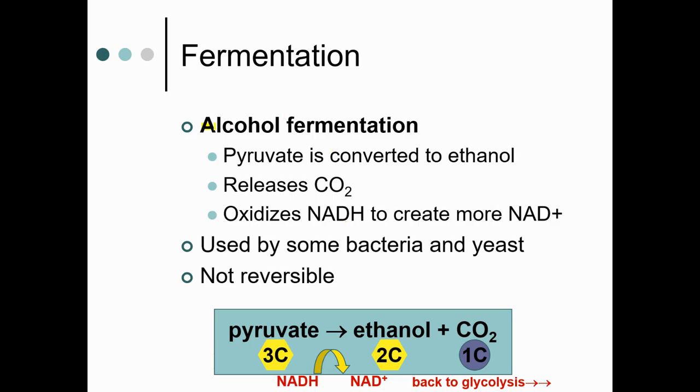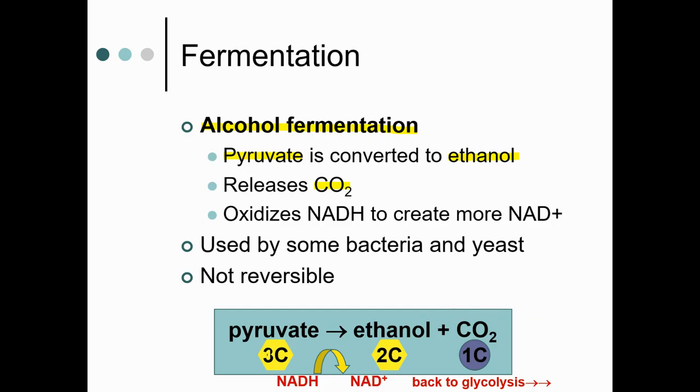There's alcoholic fermentation, and this is essentially how you make alcohol or booze. This is how you make wine. This is how you make beer. You have organisms like yeast that do this, bacteria. Essentially what they do is they take those pyruvates and convert them to ethanol alcohol and carbon dioxide.